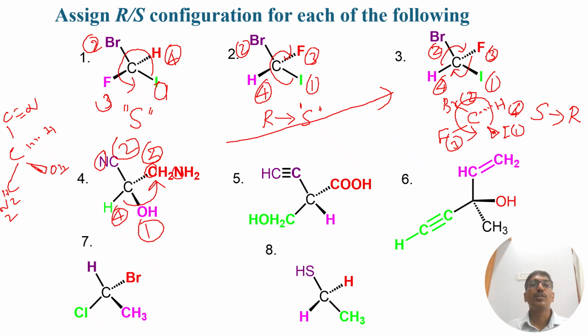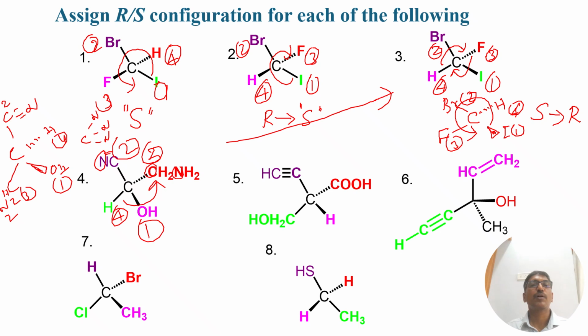However, this carbon has a triple bond. The bonding between carbon and nitrogen is a triple bond. Therefore, it is equivalent to 3 nitrogen attachments, right? That's a phantom carbon, right? So therefore, this gets higher priority. Hence, the hydroxy is going to be 1, the nitrile is the 2, and then this one is the 3.